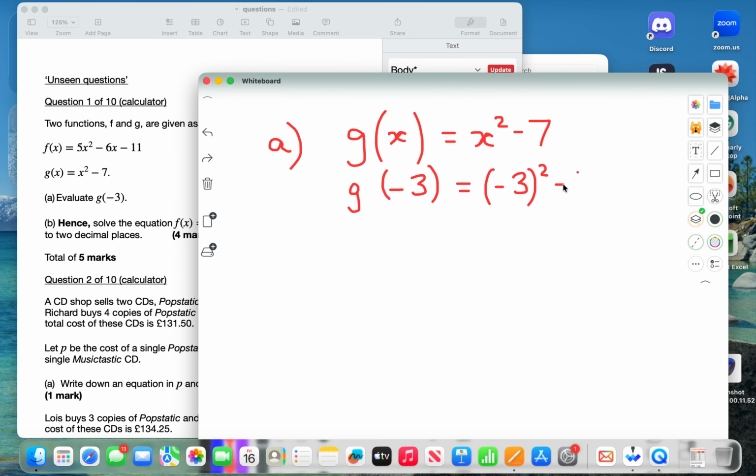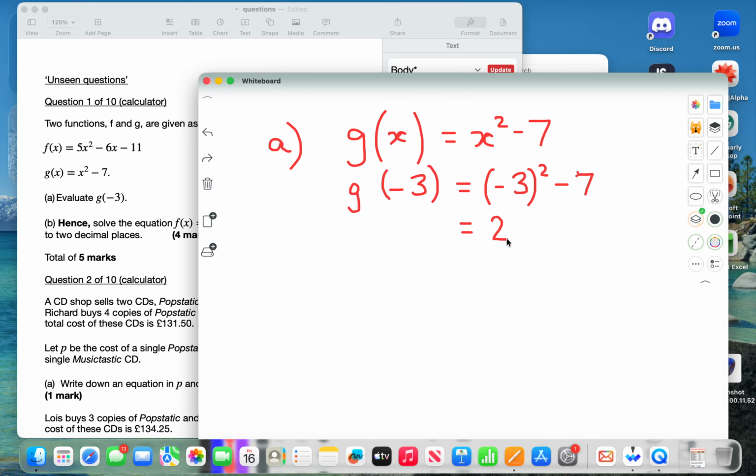There is a common mistake that pupils make, and I will show you this in just a second. So (−3) all squared, well, two negatives make a positive. That's −3 times −3, which is 3 times 3 is 9. Minus 7 is 2.